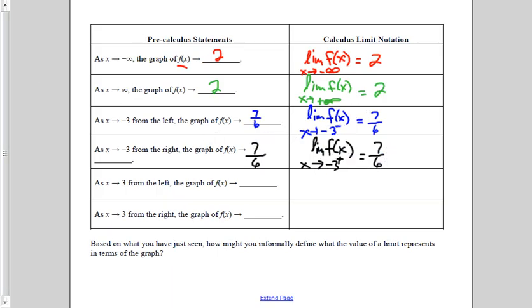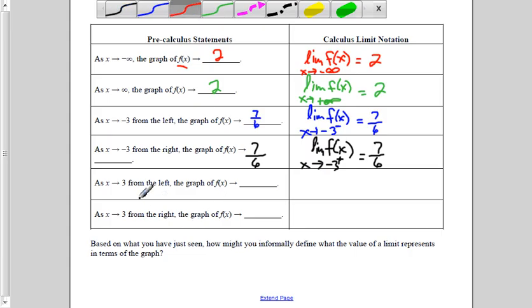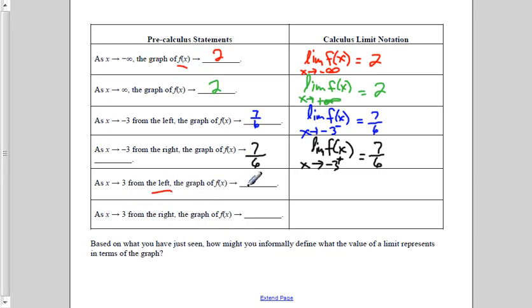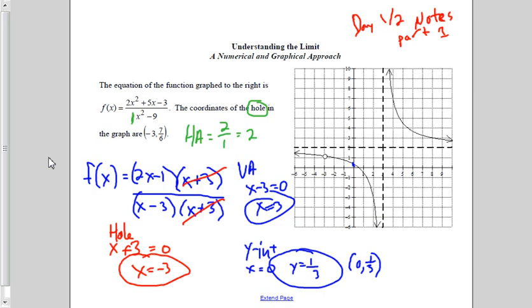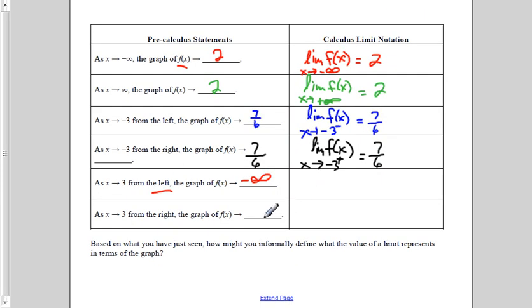And now let's look at x approaching 3. As I go towards the vertical asymptote, 3 from the left, I'm going to approach negative infinity. Again, just looking at the graph here, as I approach 3 from the left, I approach negative infinity, and then 3 from the right, I'm going to be approaching positive infinity. Let's fill those in.